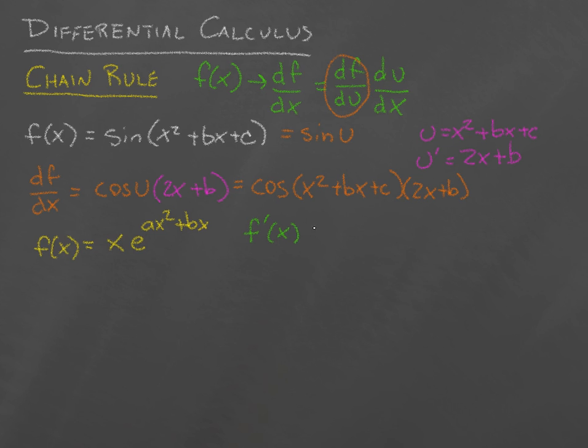So take the derivative of x times e to the a x squared plus bx, plus x times now the derivative of this term. So the derivative of that is e to the a x squared plus bx times 2ax plus b. And so that's our derivative.